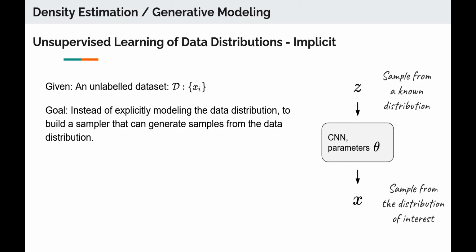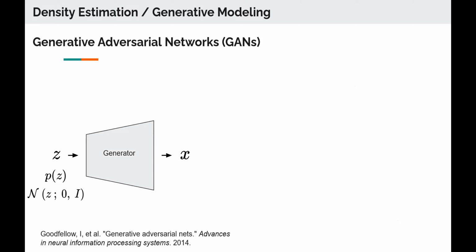And it uses this implicit knowledge to transform this noise vector into an image that looks like an image of a brain.